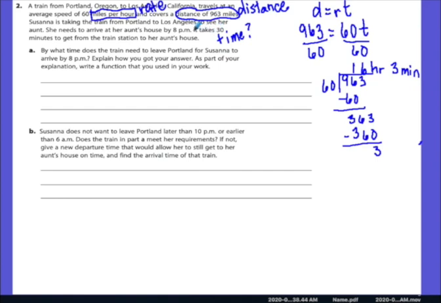I need to remember to use this 30 minutes because it takes 30 minutes to get from the train station to her aunt's house. So I need to add that extra 30 minutes so that I can ensure that I get to my aunt's house on time. So 16 hours and 3 minutes, and I want to add that 30 minutes.